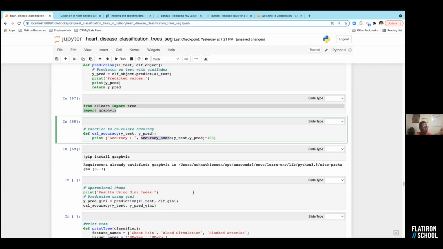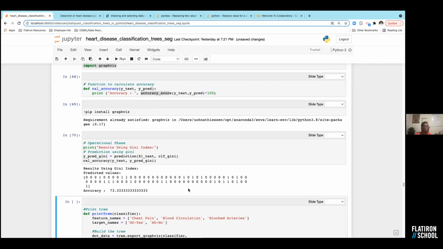In that case, we would probably want to go in and add some more of the features that I left out. So in the case of age, as someone was inquiring, we could include age in our model and see if that increases the accuracy, decreases the accuracy, or has no effect on the performance of the model, right?